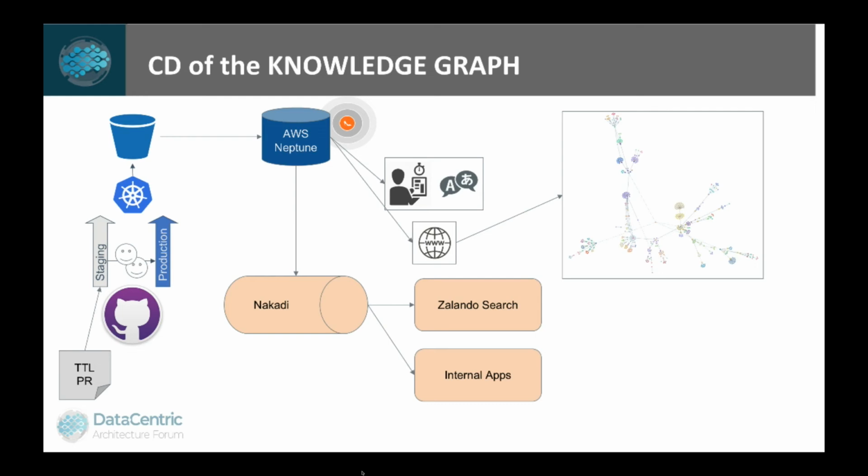But the core is made out of these fashion concepts I was talking about. They are maintained as TTL files in GitHub. And if we want to change or introduce a new fashion concept, that will be done via a pull request to that GitHub repository where that file lives.